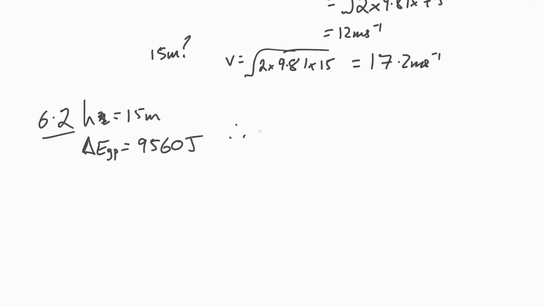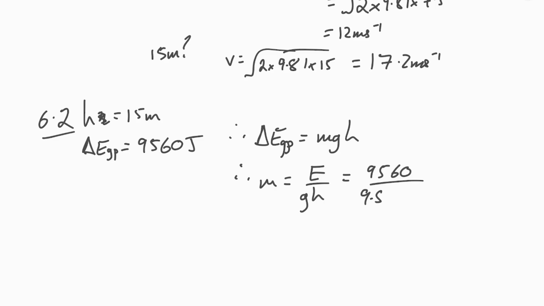Therefore, the change in EGP is mgh. So M is equal to E divided by gh. That is our energy divided by 9.81 times by 15. And that gives us 65 kilograms, which sounds about right. Not for me, but for a boy, I'm sure.